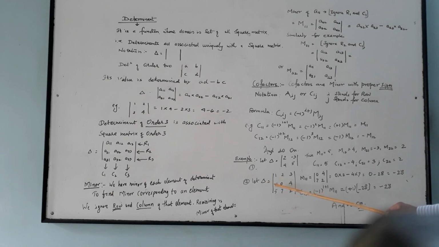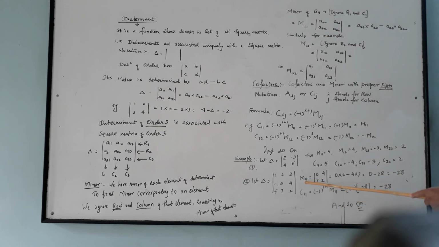Here I have calculated M11 and C11 for this determinant, which is of order 3. M11: ignore first row and first column. With the first row and first column ignored, 0, 4 and 7, 2 are remaining. We can find 0 into 2 minus 7 into 4, which is equal to minus 28.